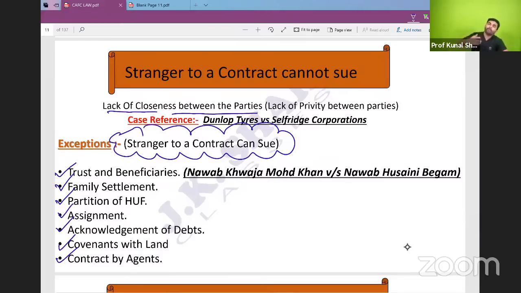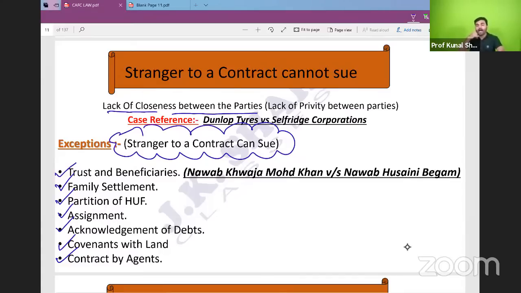Over here, whenever a person gives an acknowledgement that he has received money on behalf of another person, then yes, it is the duty of that person to repay the money to the original person. For example, A is a person having a liability to pay Mr. C. So A has an obligation and C has a right. But over here, A handed over the money to Mr. B. B gave a call to Mr. C that, hey C, I have received your money.